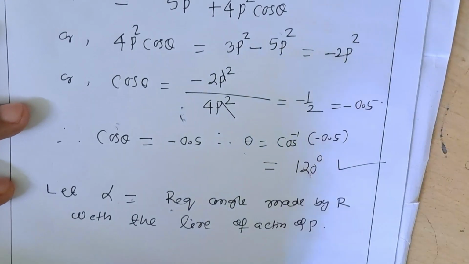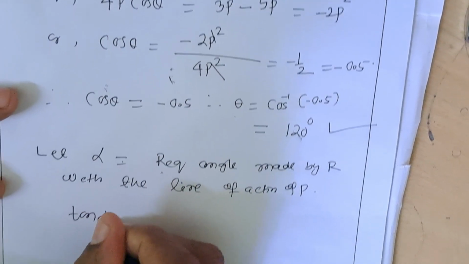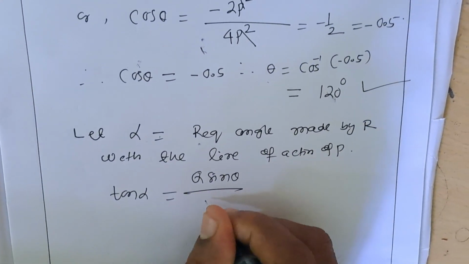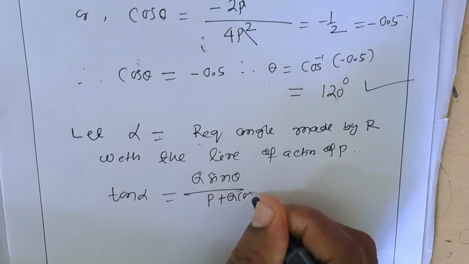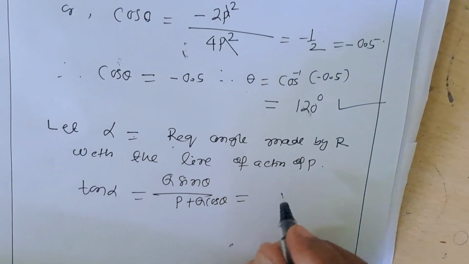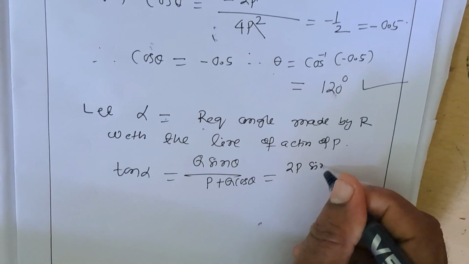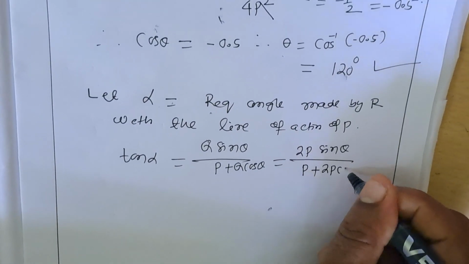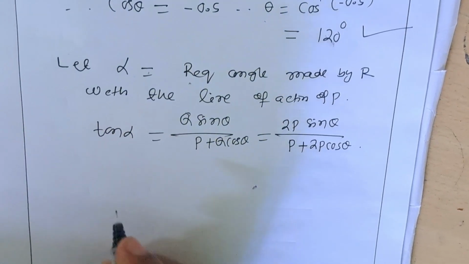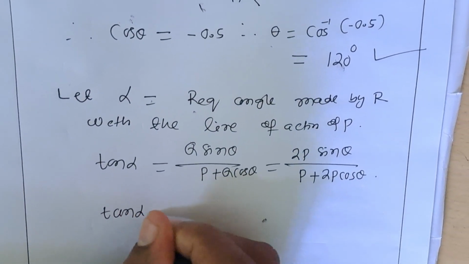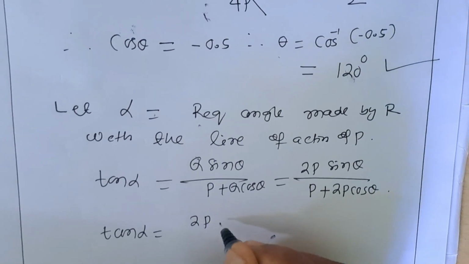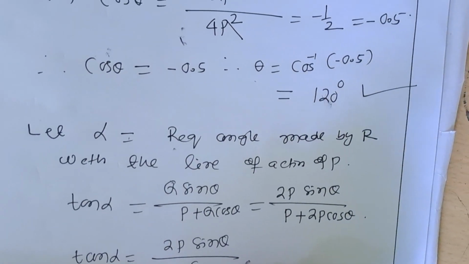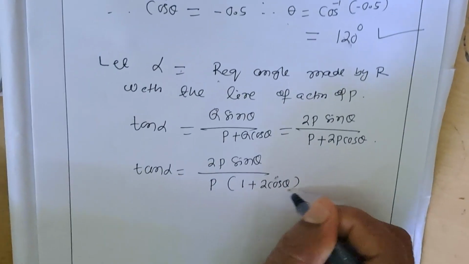of P. You know that tan alpha is equal to Q sin theta divided by P plus Q cos theta. But here Q is equal to 2P and P is equal to P, so tan alpha is equal to 2P sin theta divided by P plus 2P cos theta. Taking P common, tan alpha is equal to 2P sin theta divided by P times 1 plus 2 cos theta.